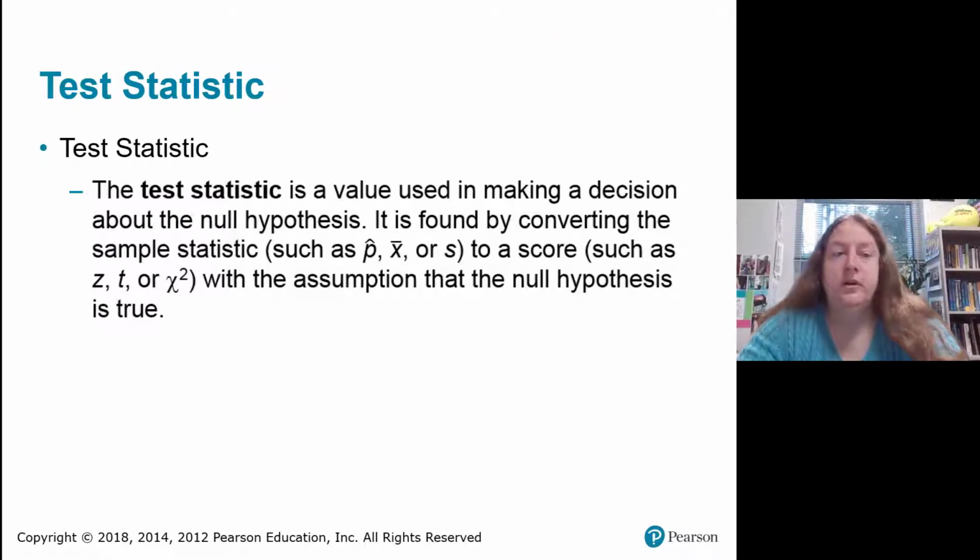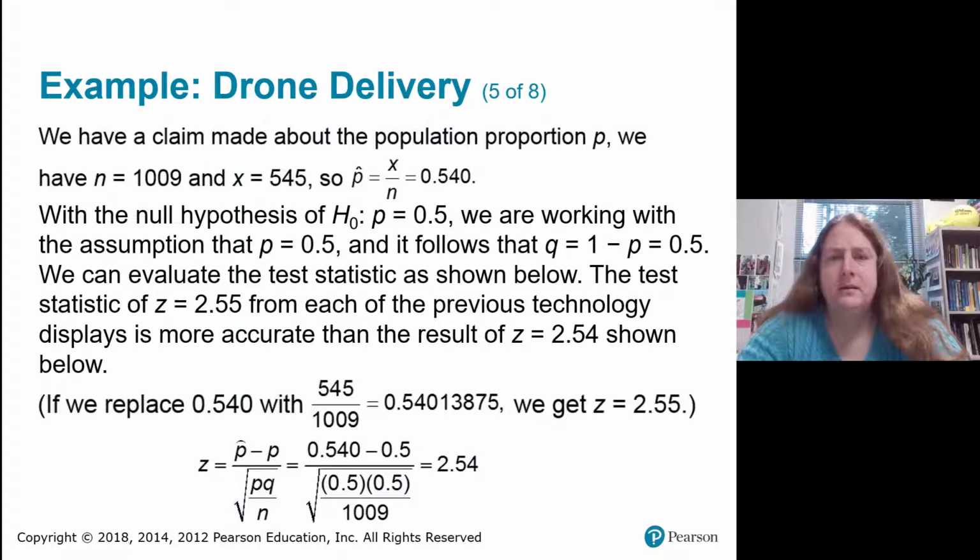So our test statistic, what is that? Well, that's the value that's used for making a decision about the null hypothesis. It's found by converting the sample statistic to a score with the assumption that the null hypothesis is true. So here we have it.